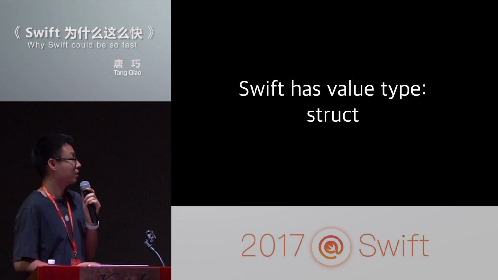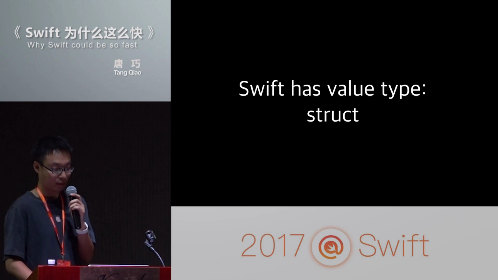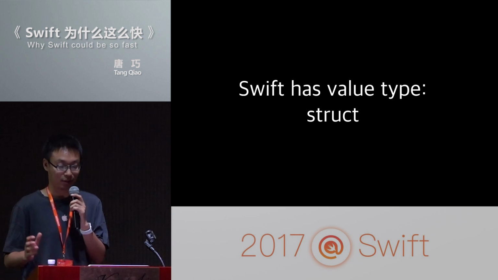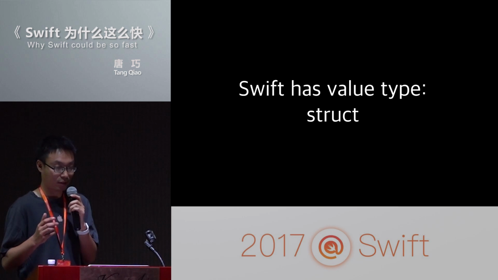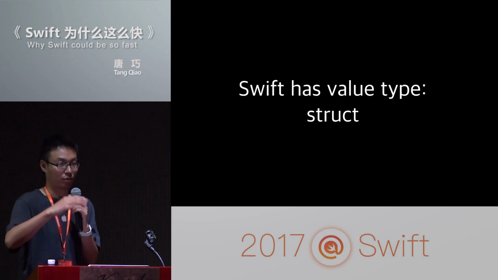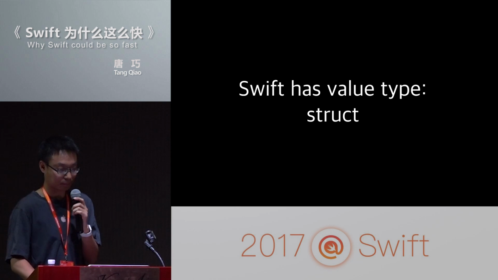But the lucky thing is Swift has value types. We have struct. Struct memory is allocated on the stack, not in the heap. So the allocating is very fast. On the stack, we can just adjust the stack pointer to allocate memory. So it's much faster than allocating memory in the heap.